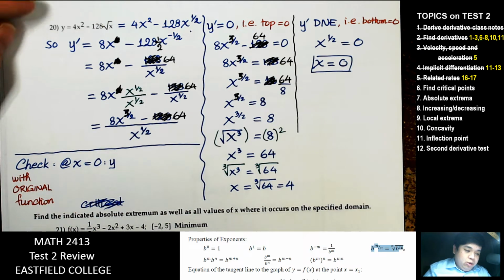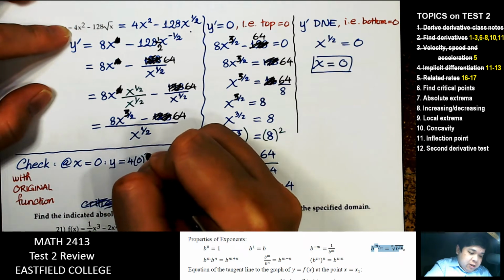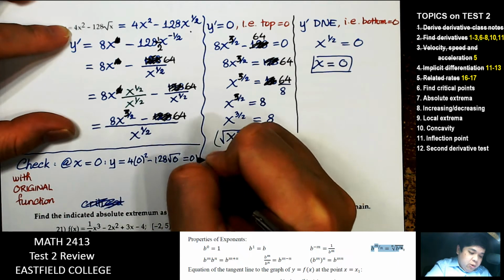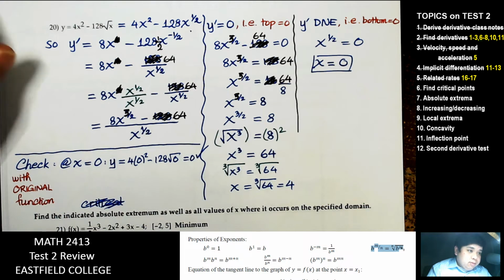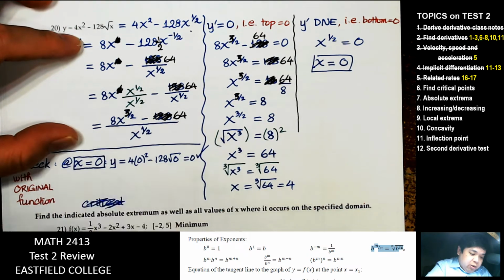So when x equal to 0, clearly it's 0, so it is good. So it is defined, and x is a critical number.